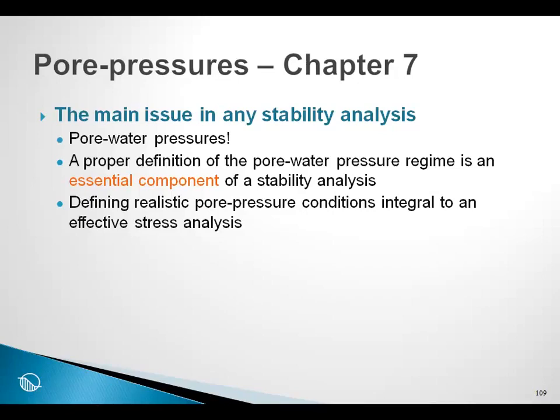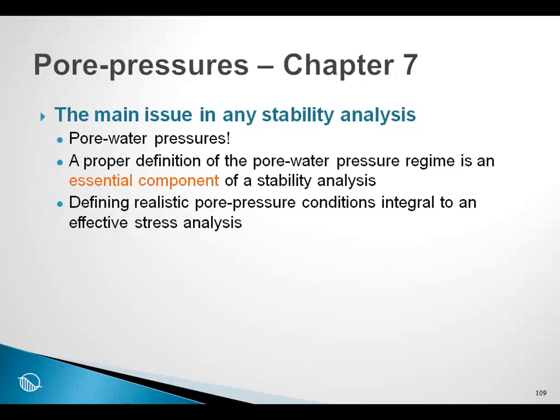This is particularly true if we are going to do an effective stress analysis. In the session on defining trial slip surfaces, we pointed out that the position of the critical mode of failure is controlled by the definition of the strength parameters that are used.